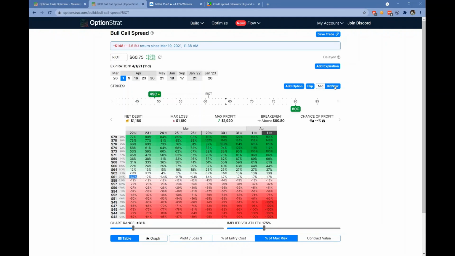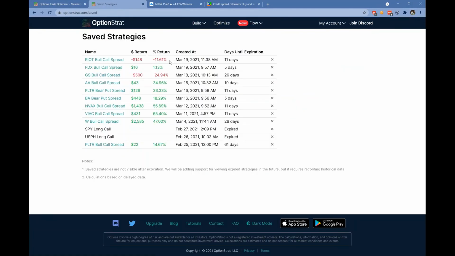So I always like to click the bid ask if you're going to do the paper trading, just to get the honest return and not the theoretical stuff. But there are times you would use the mid, if you're trying to compare strategies. So as soon as you save it, you're going to see some negative, and then throughout the lifetime of it, hopefully it'll go green.